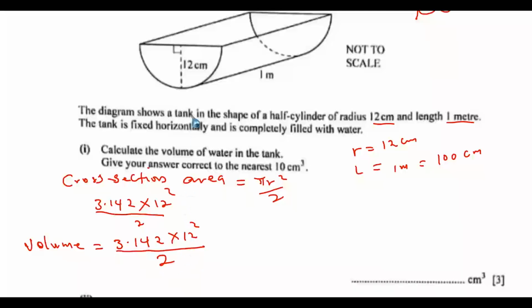This is the area of the cross section. The cross section is a semicircle because this is a cylinder that was divided into 2. Then multiply by the length, which is 100 centimeters.